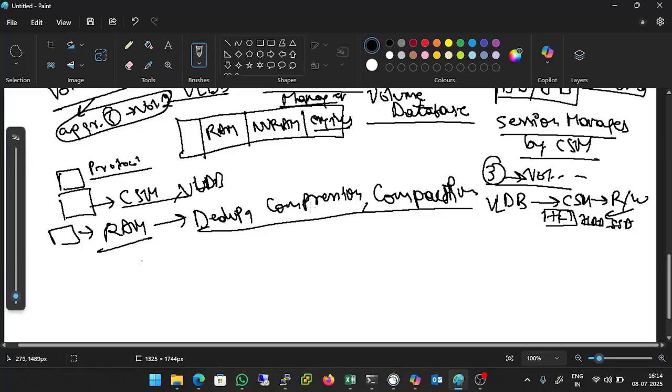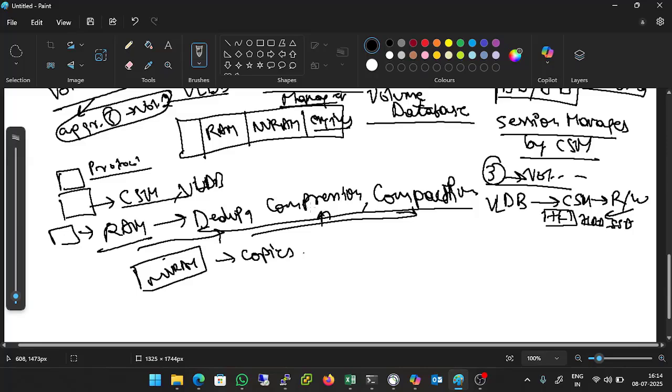At the same time, whenever my data is being processed in the RAM by these engines, NVRAM copies all the data into itself.